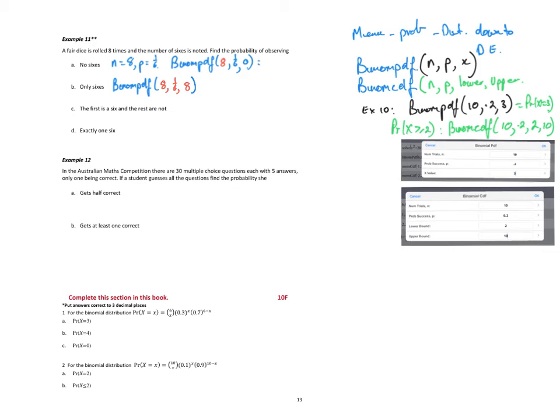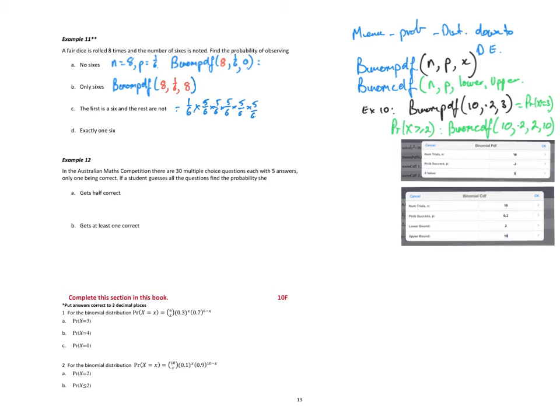The first is a 6 and the rest are not. It's a little bit different. So what is the probability of the first dice being a 6 or the first roll being a 6? That's equal to 1/6, isn't it? And if the rest of them aren't 6s, well, that's 5/6 by 5/6 by 5/6. How many times are we going to do that?